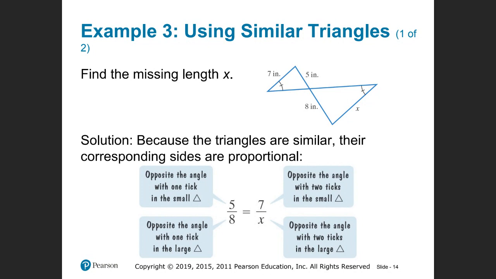We know that this side is 5 inches, and it corresponds to this side that is 8 inches. Because you see where the angle is, the corresponding angle is indicated by the little hash mark on the angle symbol, the arc. So the sides opposite those equal angles are corresponding. So 5 is to 8 as 7 is to x.